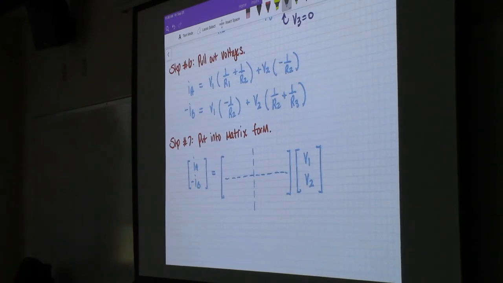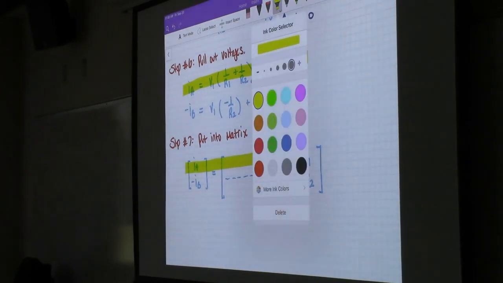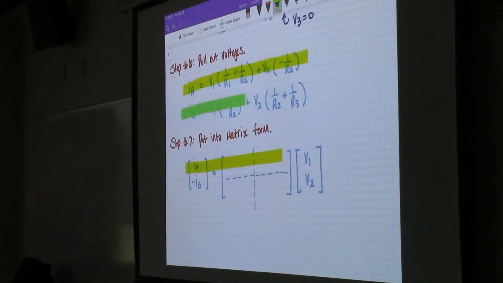So what is the 1, 1 element? First things first, think about it as this equation corresponds to this row.